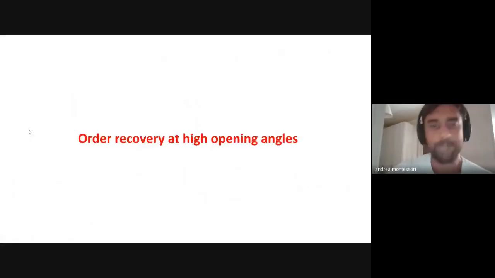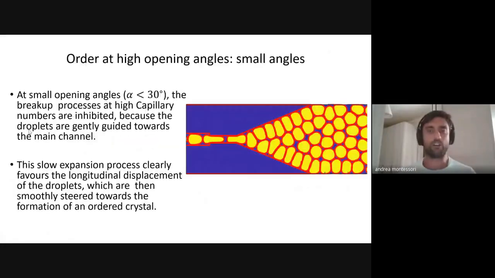So why? Before telling you why at high opening angle you observe this transition to order, it is useful to understand why, when you observe simulations at small aperture angle, you have a very monodisperse emulsion even at high capillary number.